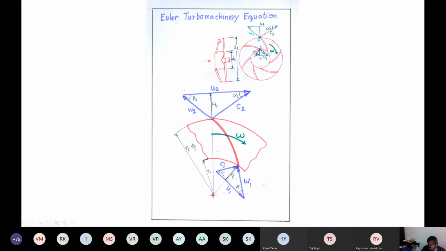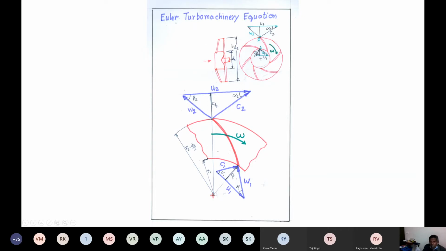So the blade may have different widths. At exit it may be, say, B2, which is smaller than the width at inlet, which is B1. Or in some cases the two plates, the rear one and the front one, could be just parallel, kept apart by a distance B.